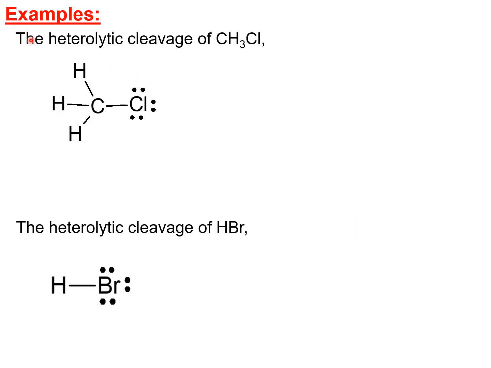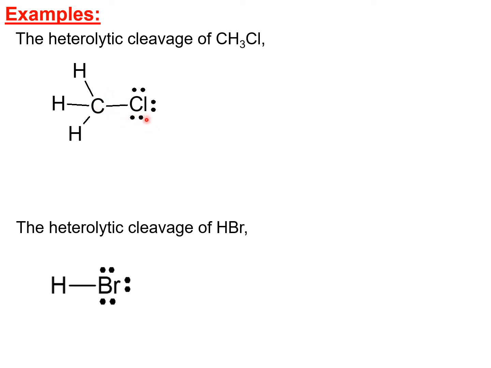Okay, so for examples, let's look at the heterolytic cleavage of CH3Cl. So sekarang ni bila kita nak buat bond breaking between CH3Cl, the bond yang dimaksudkan ialah bond between carbon and Cl atom, because Cl atom is a more electronegative atom compared to carbon.